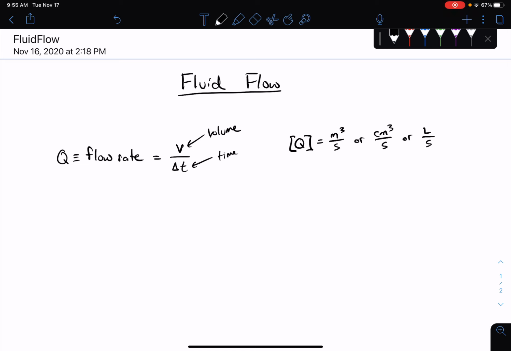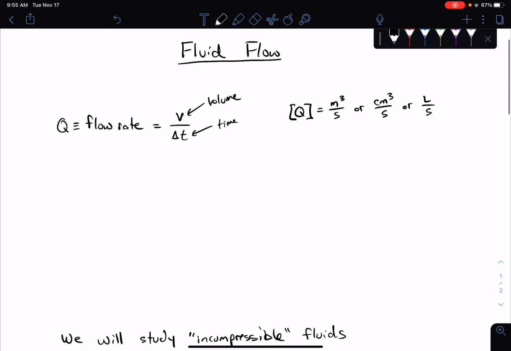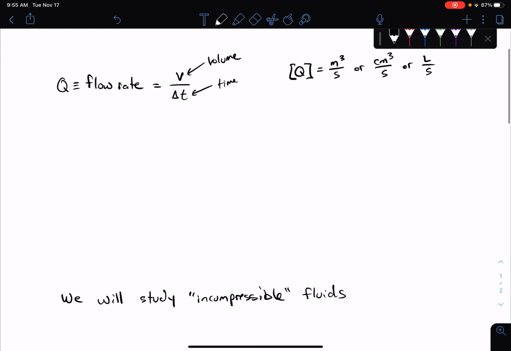But anyway, you can deal more with the conversions later. When we talk about flow rate, all we mean is the amount of fluid that is flowing through a given part of a pipe in a given amount of time.